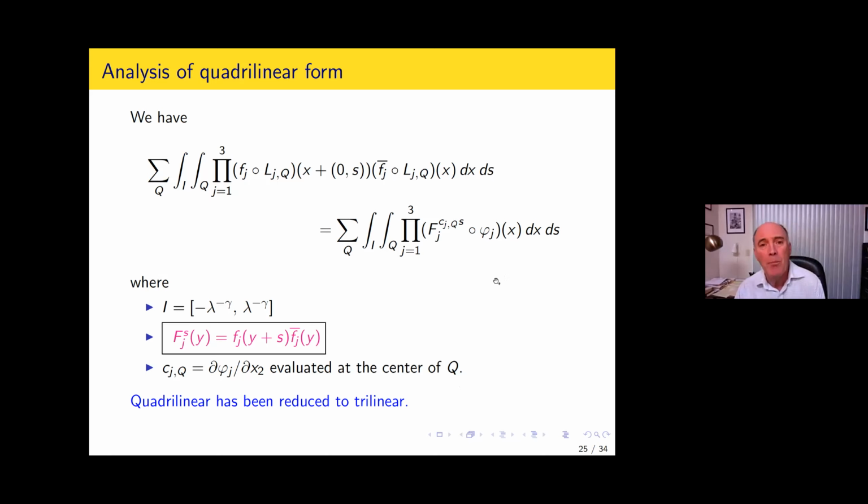The characters have frequencies that are integers, and they're scaled by the appropriate factor of lambda to the gamma. And the Fourier coefficients depend also on the extra variable s. So all the s dependence is here in the coefficients. Okay, and I have a sum over all integers k. And I do such a Fourier series for each interval in the domain of capital Fj at the scale lambda to the minus gamma.